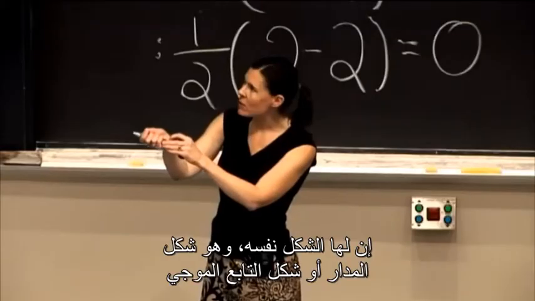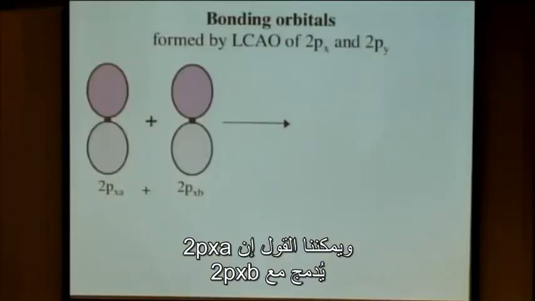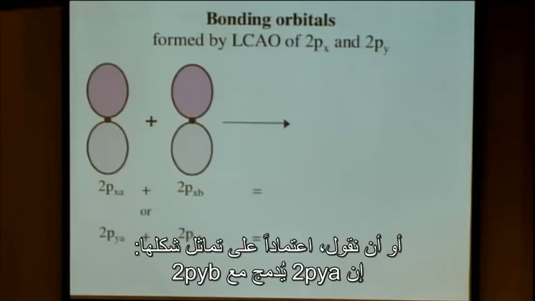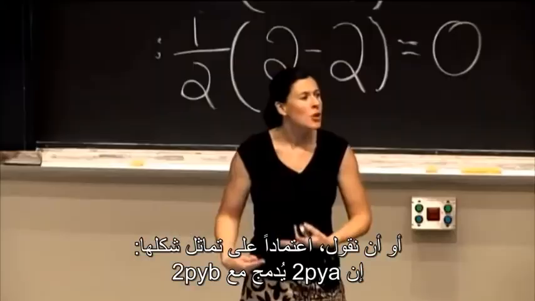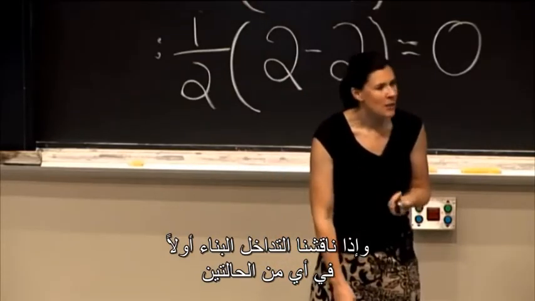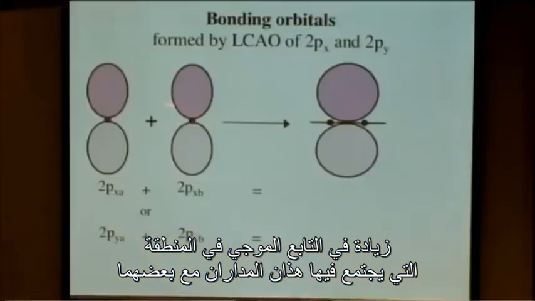This is the shape of the orbital or the shape of the wave function. And we can call this either 2pxa being combined with 2pxb, or we could say, since it's the same shape, it's 2pya being combined with 2pyb. And in either case, if we first talk about constructive interference, where these two orbitals come together, we're going to see increased wave function in that area.